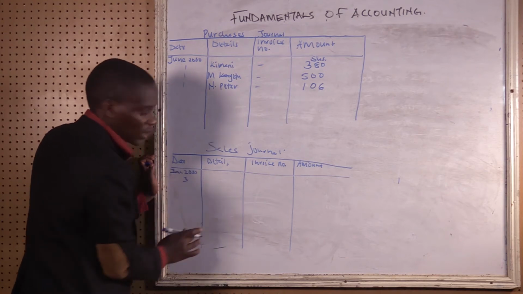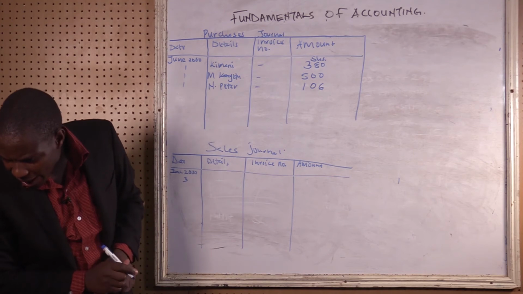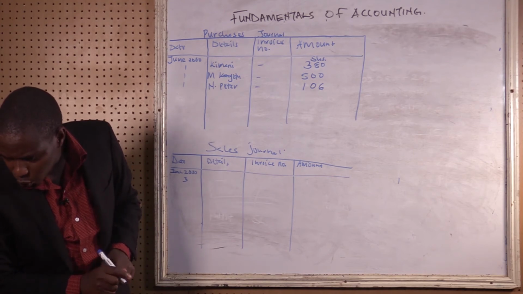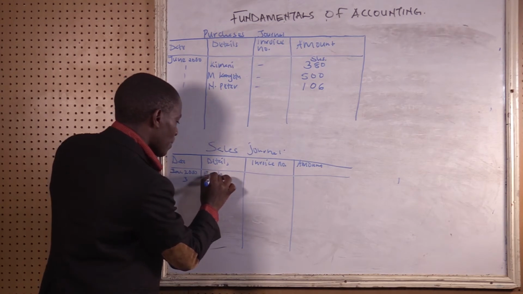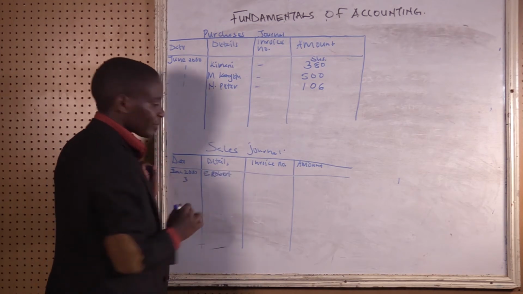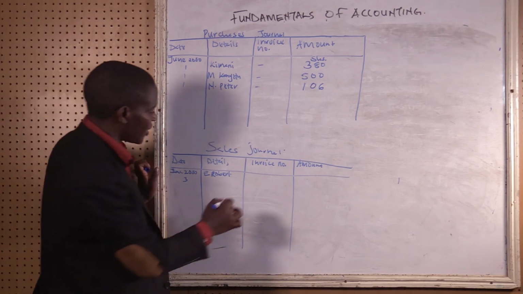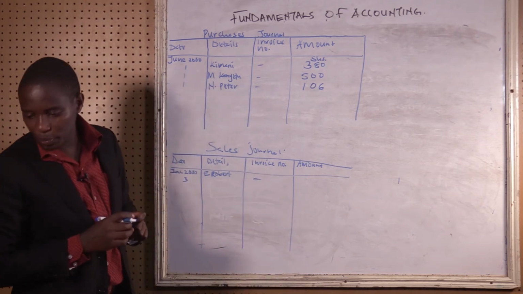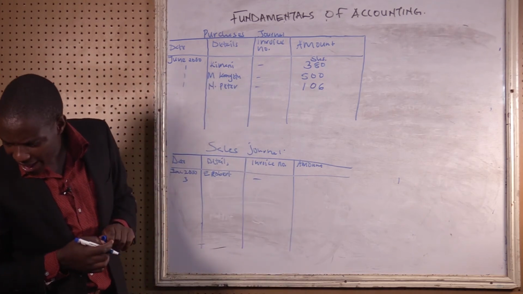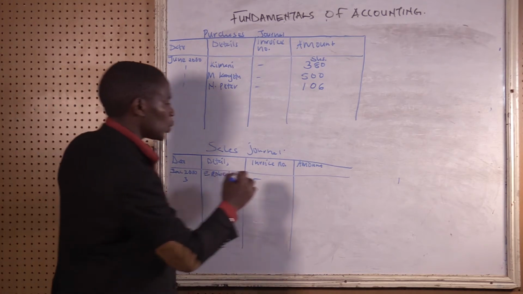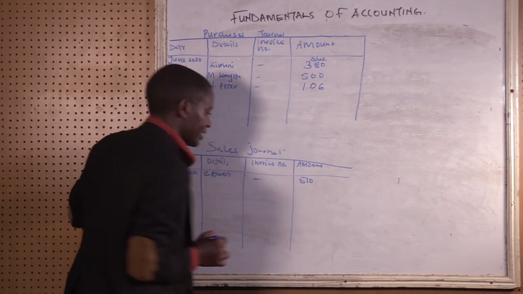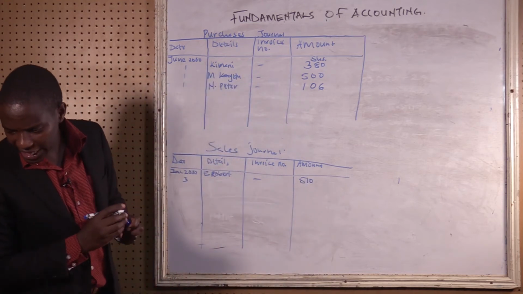What happened? Made some credit sales to E. Robert. So under details, I shall have E. Robert. We've not been given the invoice number, so the invoice will be just a dash. The amount for E. Robert was 510, the value of the transaction.